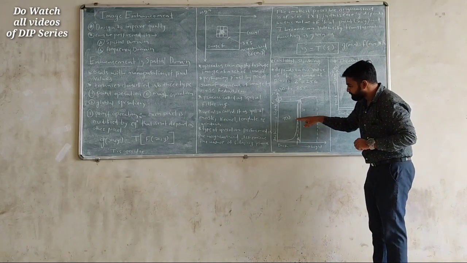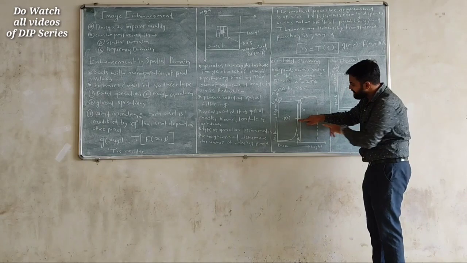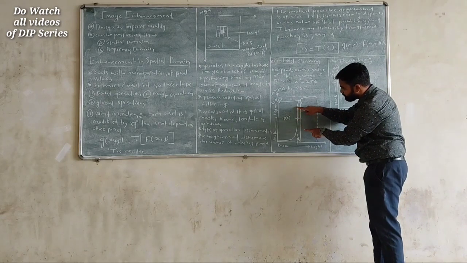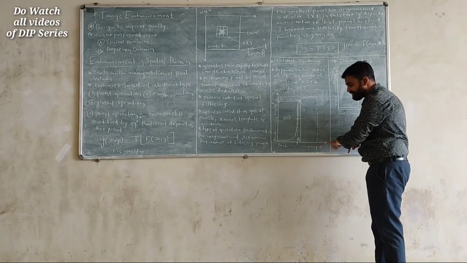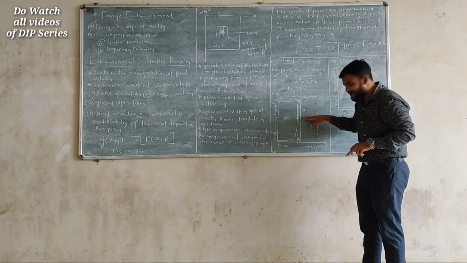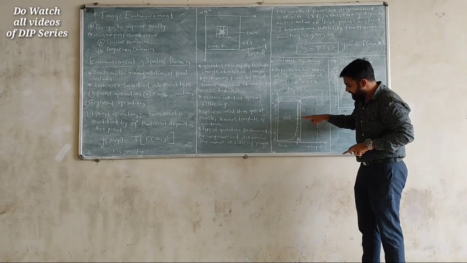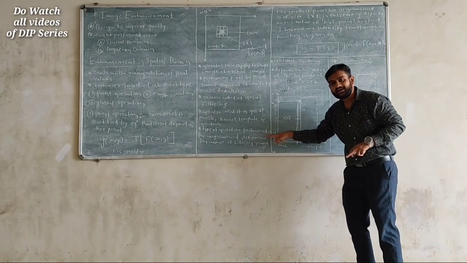If the value of T of R is greater than the value of K, then your image is going to transform into a brighter area, that is a lighter area. Similarly, if the value of T of R is less than the value of K, your image is going to be converted into a dark area.